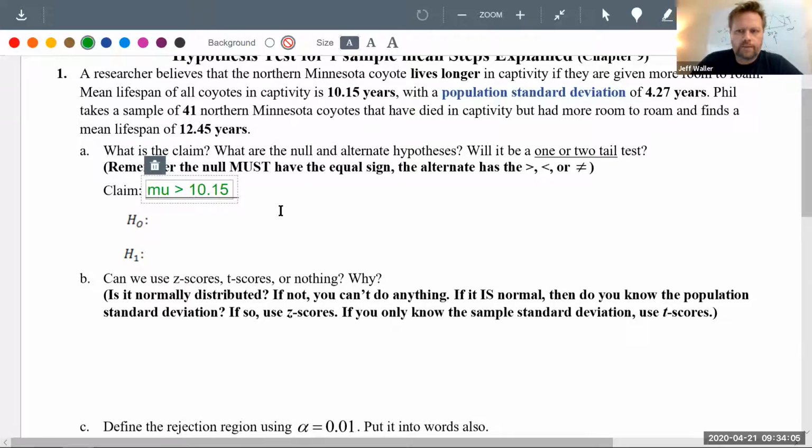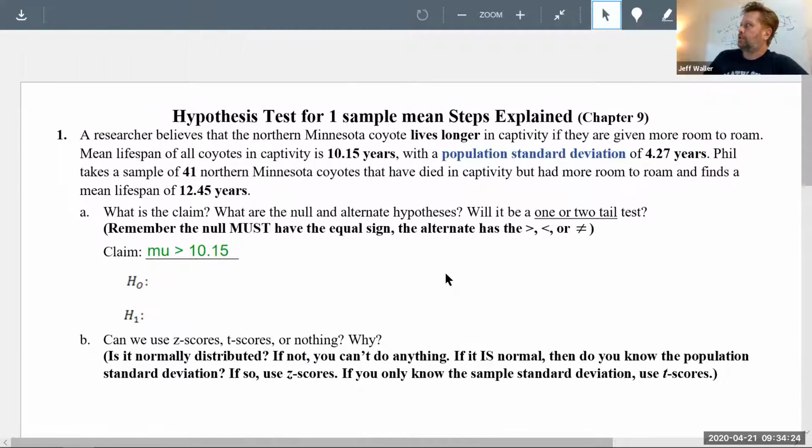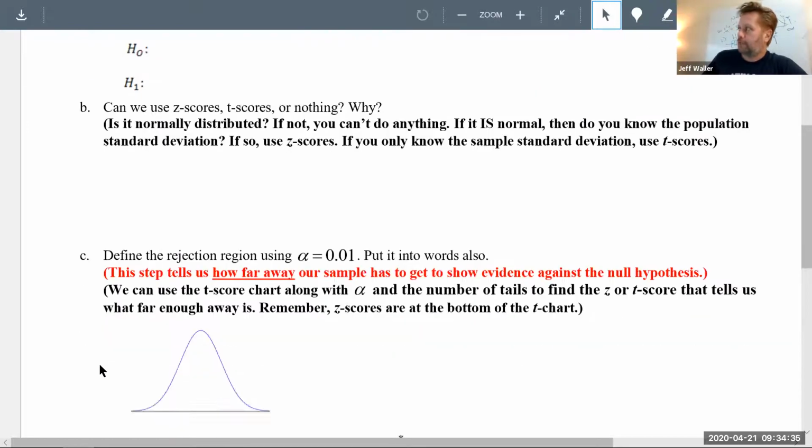All right. So where would that go, H0 or H1? So you ask yourself, does it have an equal sign? This is a really good sheet to have sitting next to you when you're doing this homework, because these are the questions I want you to answer.